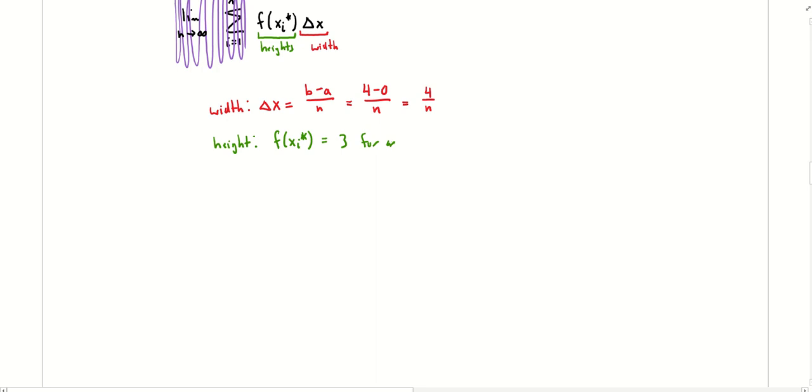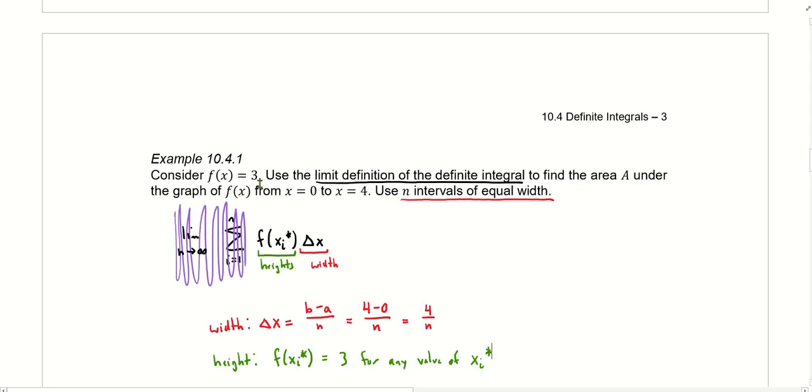So this is going to be 3 for any value of f of x sub i, for any value of x sub i star. It just means that my height doesn't really have a calculation to it. It's just always going to be 3, again, by virtue of this function. It's just a constant, so the height is going to be constant at 3.